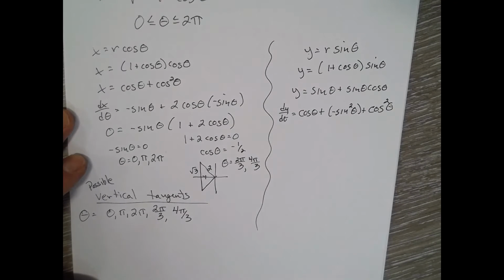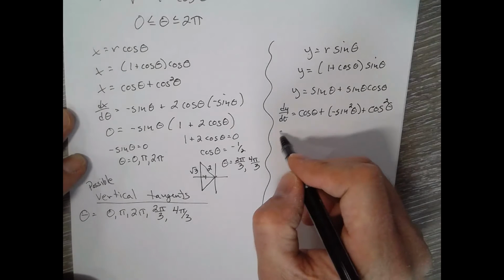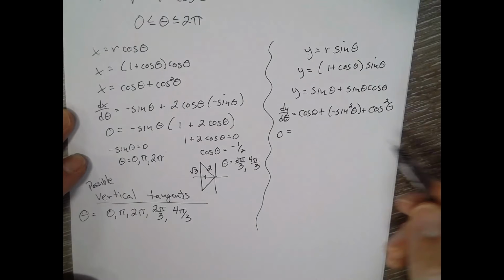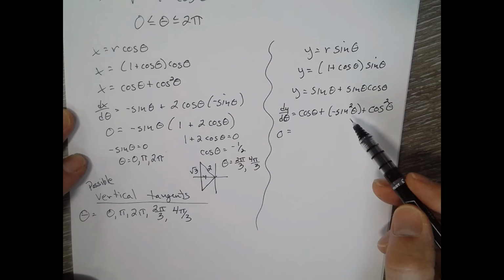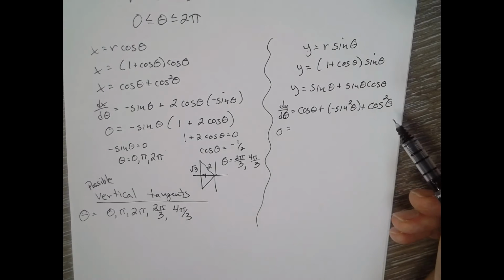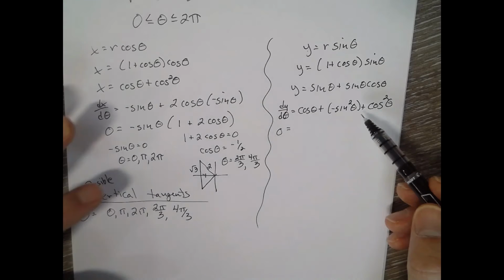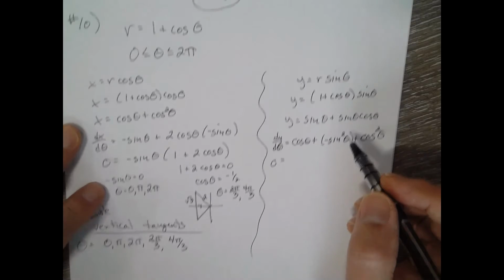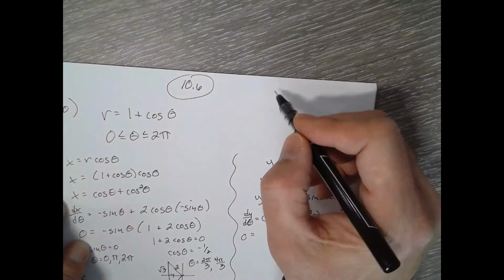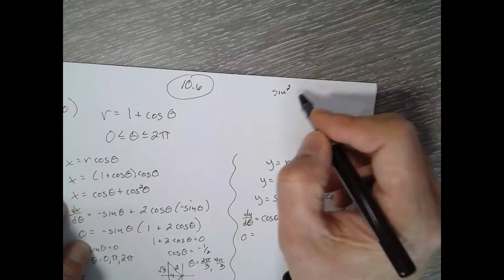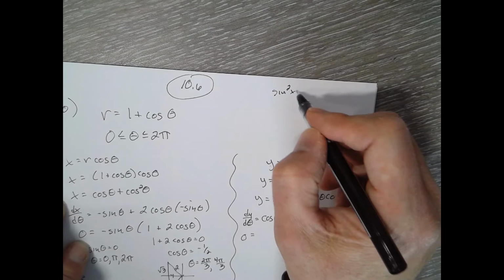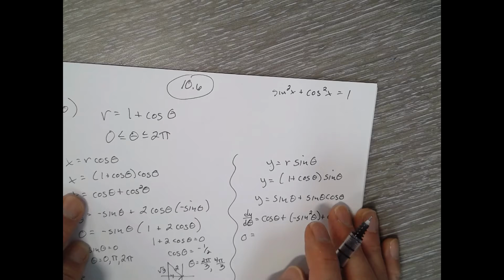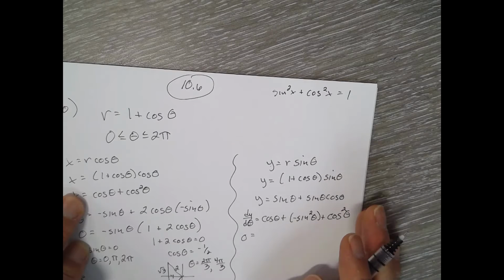Okay, so we're going to set that equal to 0, and we're going to solve it. I've got two cosines. I'm going to rewrite negative sine squared in terms of cosine. We know using our Pythagorean identity, sine squared x plus cosine squared x equals 1.